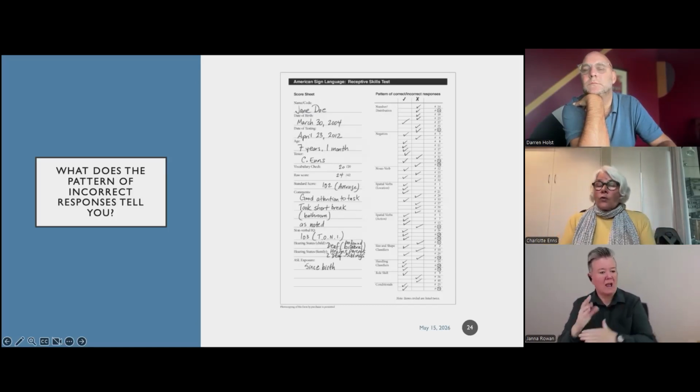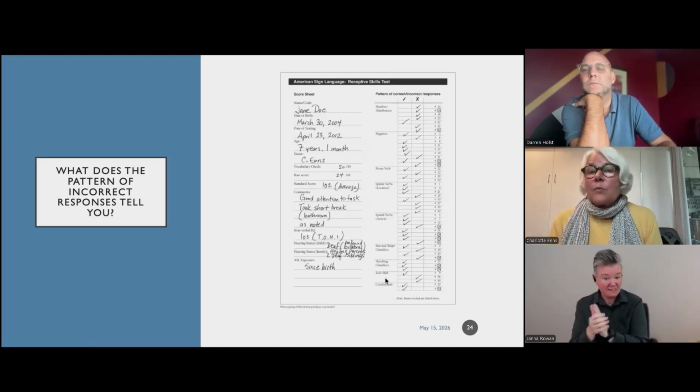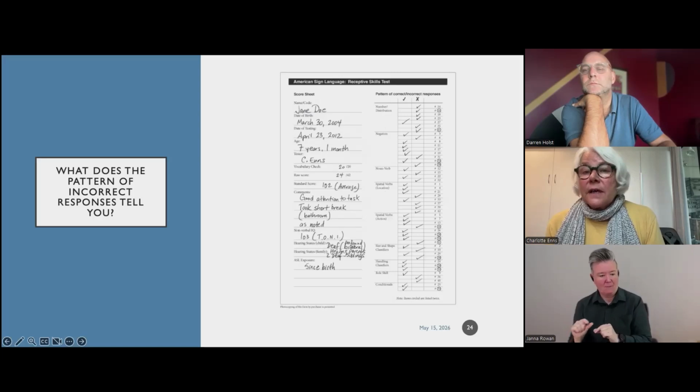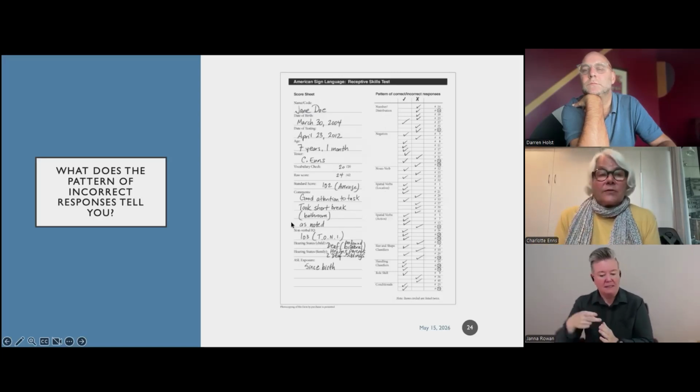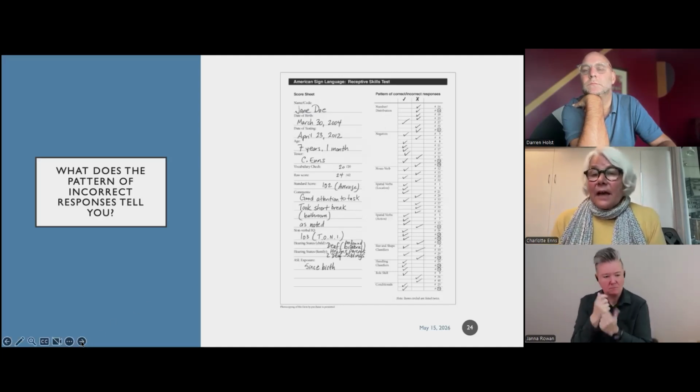So overall, this child is developing a good understanding of ASL skills, but might need some work in number distribution and maybe a little bit in role shift and some of the later developing spatial verbs. That's how you look through and analyze that chart.